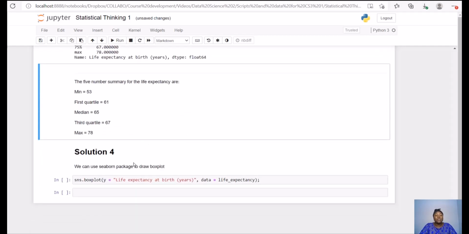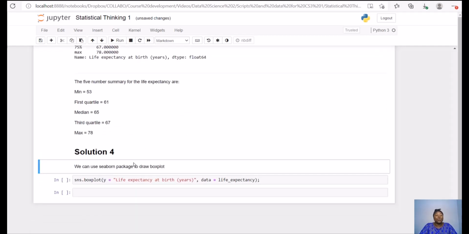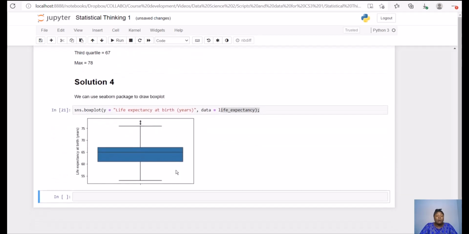The last but not the least is that we want to use the box plot to check for the interquartile range and the first quarter, the second quarter, and the upper quarter. We do that by employing this box plot keyword to draw for the life expectancy data. So this is our box plot.